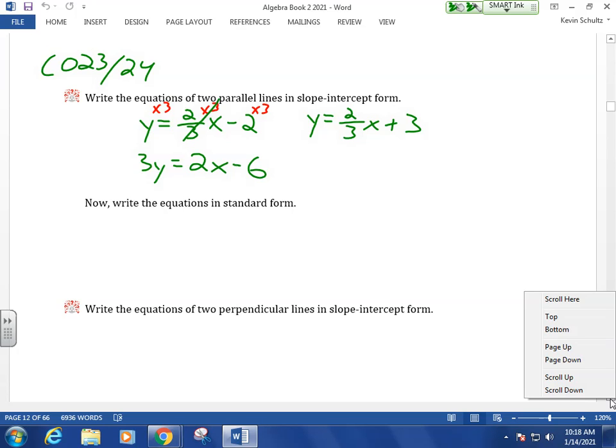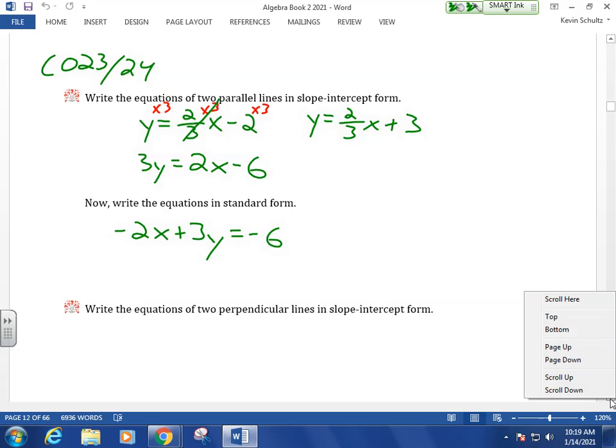What's our second step to get into standard form? We've eliminated the fraction. Now we got to get, yeah? Right. We want to move the x term over using opposite operations. So our final answer, -2x plus 3y equals -6.